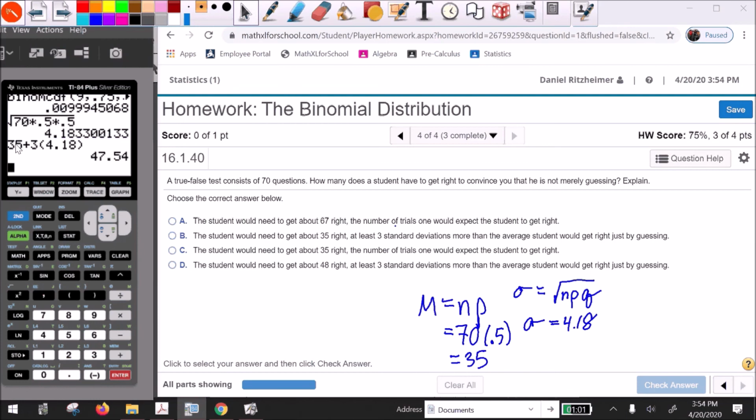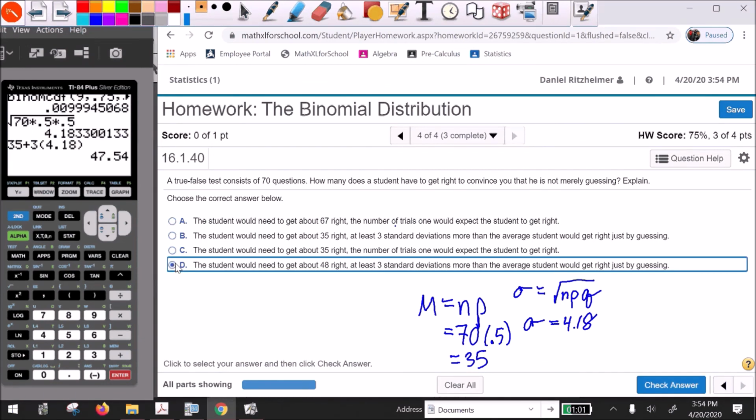So if we round that to the nearest whole number, about 48 questions right. 48 questions correct would be 3 standard deviations above the mean, and it would be exceptionally rare to see that result from a student who is guessing. So if we look at all these answer choices, answer choice D says that the student would need to get about 48 right, at least 3 standard deviations more than the average student would get right just by guessing. This should be our answer.